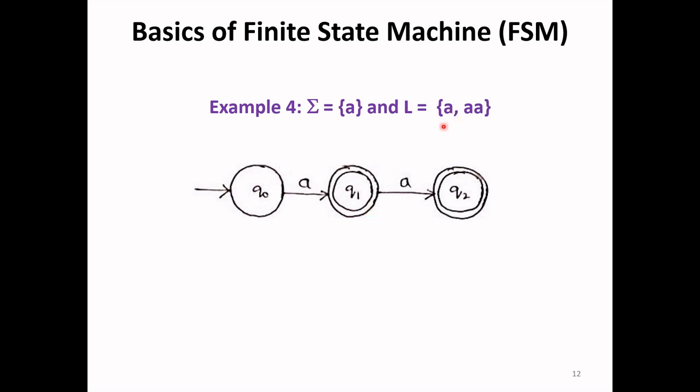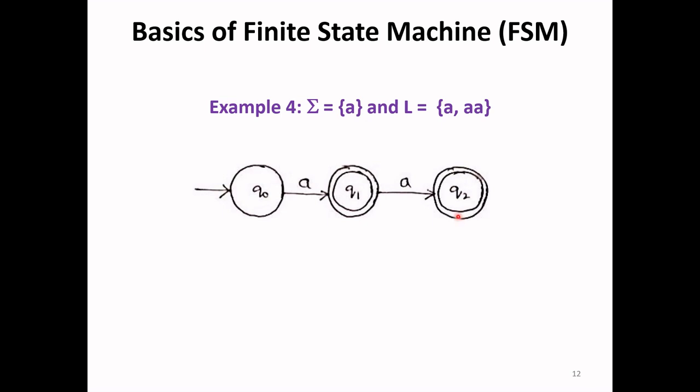And along with A, even AA also must be accepted. So from Q0, for one A it has reached Q1. Again from Q1 for one more compulsory A it reaches Q2, which is the final state. So hence both the strings, A and AA, reach the final state.